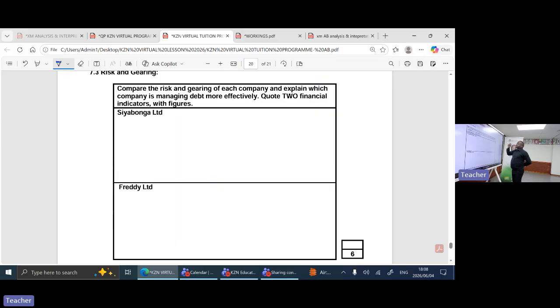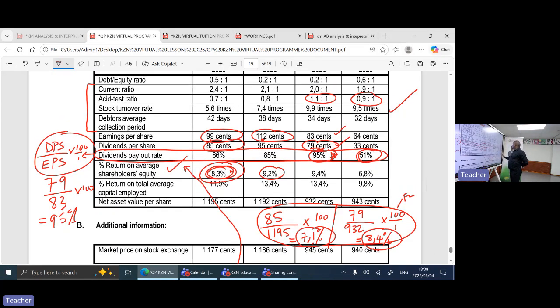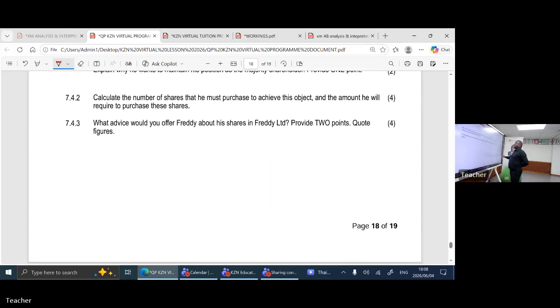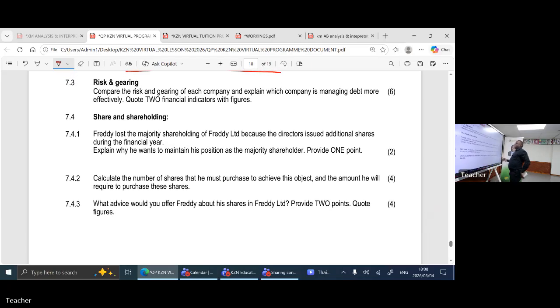Risk and gearing. The next one will be risk and gearing. I think I mentioned it a lot when we were looking at risk. Compare the risk and gearing of each company and explain which company is managing its debts more effectively.